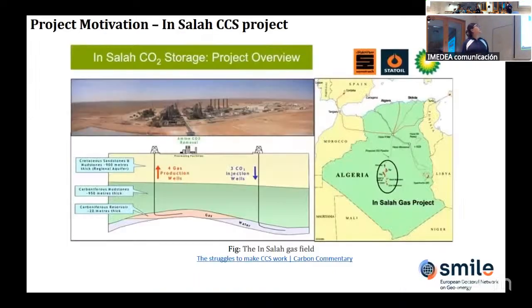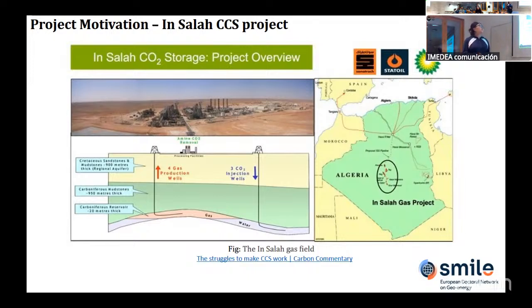So here is a very famous example of a CCS project, In Salah in Algeria. This is a very early-stage, first CCS project, and it was successful because it injected 3.8 million tons of CO2 during 3 years of injection.